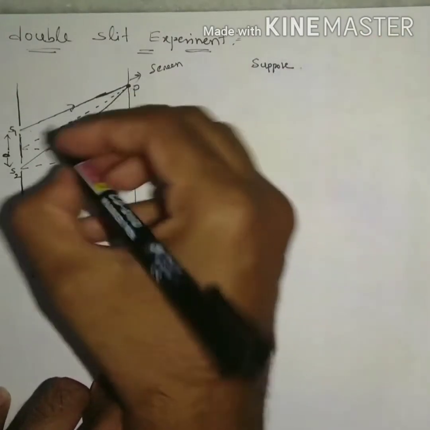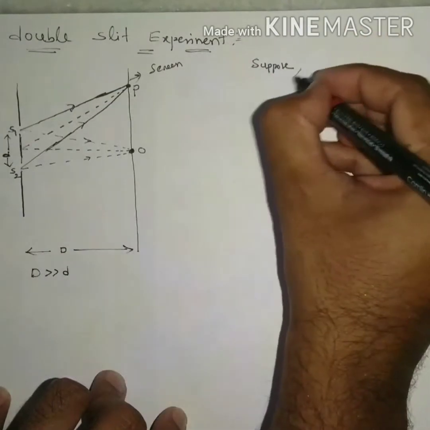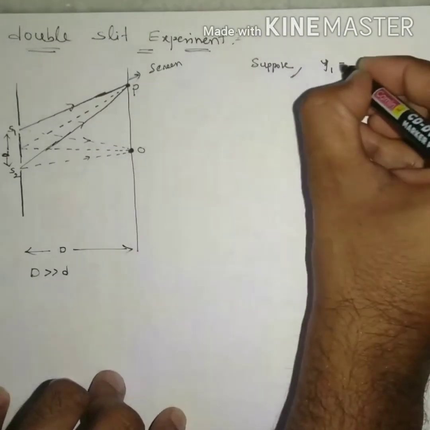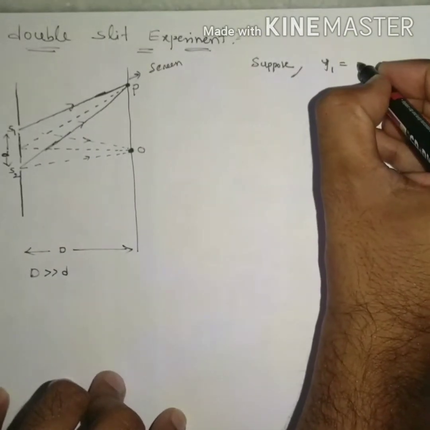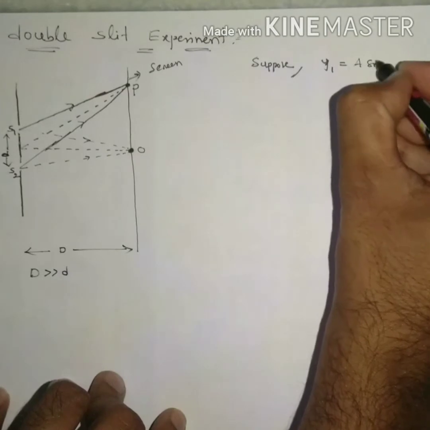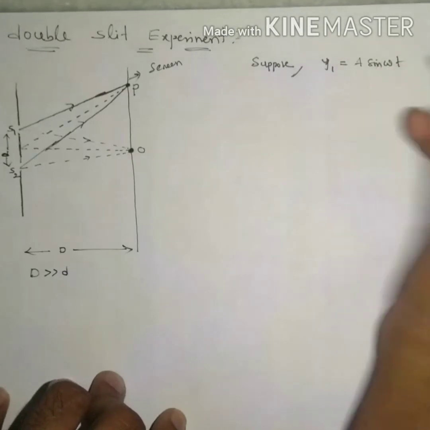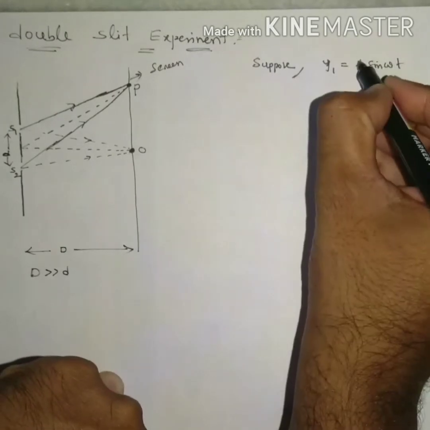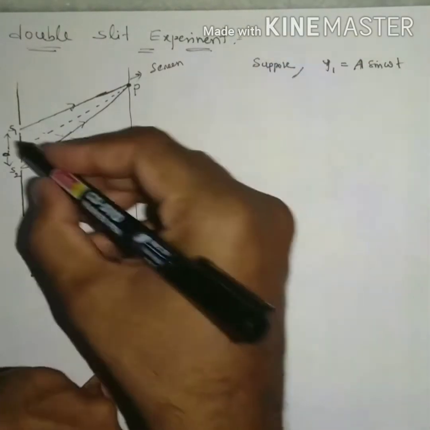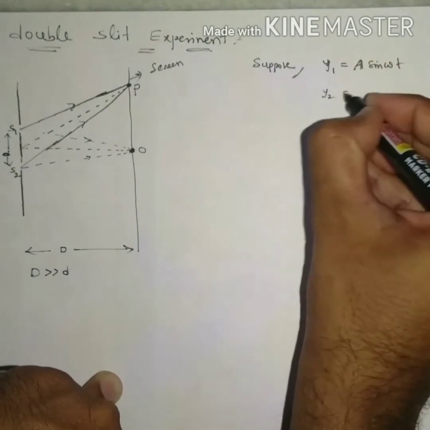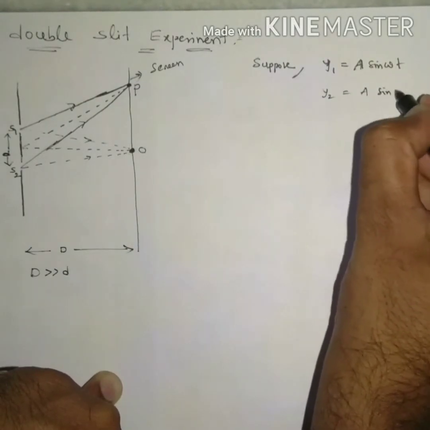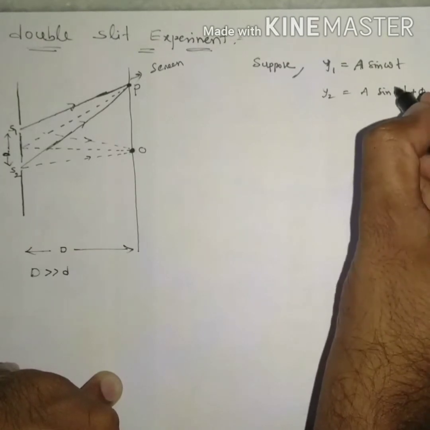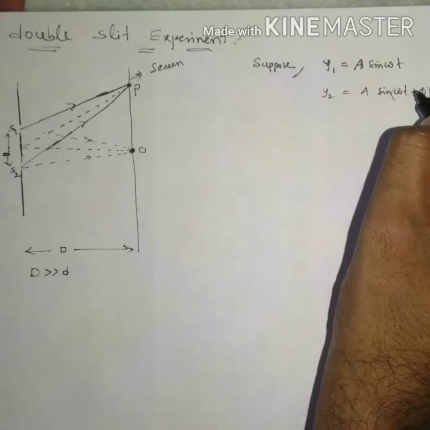Suppose the light wave from S1 is y1 equals a sine omega t, where omega is the angular velocity and a is the amplitude, and y2 equals a sine (omega t plus phi), where phi is the phase difference between S1 and S2.